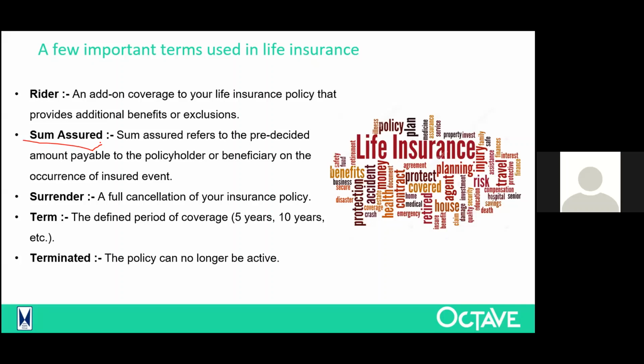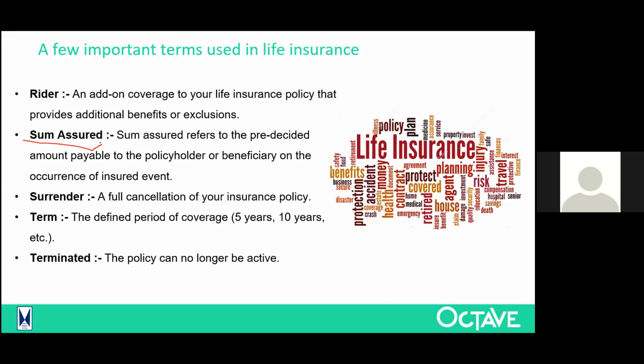Let's just say 1 million rupees. What happens is, in case within those 10 years something does happen to you, that 1 million rupees will be given to you based on the incident that happens, or in case of your death, it will be given to whoever you have nominated, right? So that 1 million amount is the sum assured amount, right?